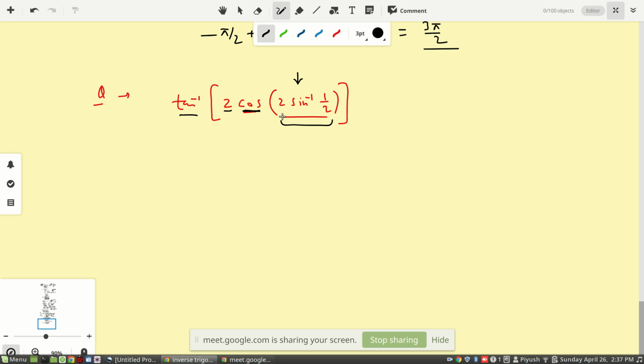Now here, first of all, we'll concentrate on this region, so the rest of the things will stay back. So tan inverse 2 cos, and here we can simply say sine inverse of half. Sine inverse of half means 30 degree, so this is twice of 30 degree, so finally it is 60 degree. So 60 means pi by 3. So this one step is over.